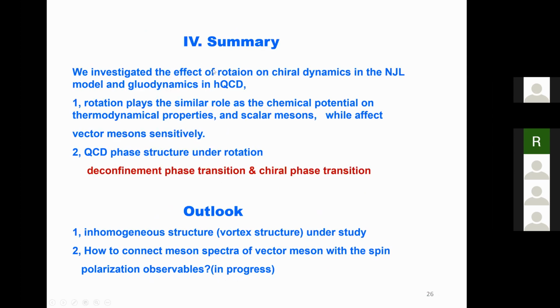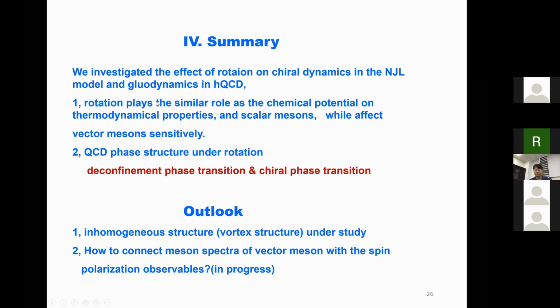So the summary is that we investigated the effect of rotation on chiral dynamics in the NJL model, and we also investigated the rotation on gluodynamics in the holographic QCD model. We see that rotation plays a similar role as the chemical potential on thermodynamic properties and also for scalar mesons.